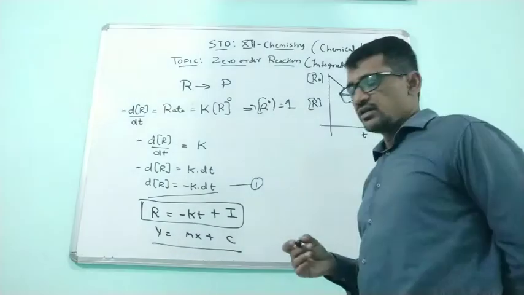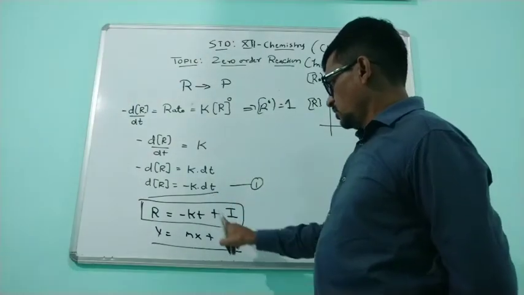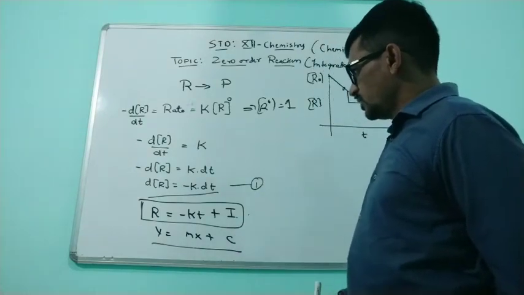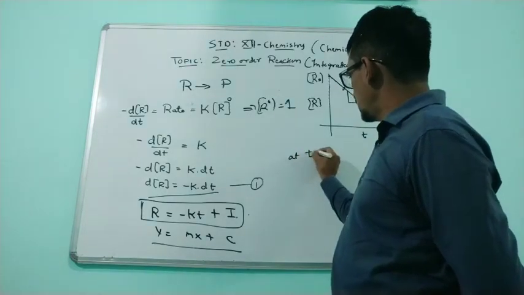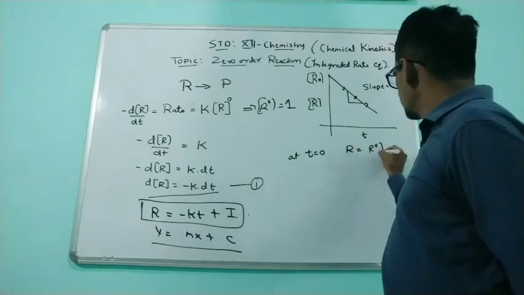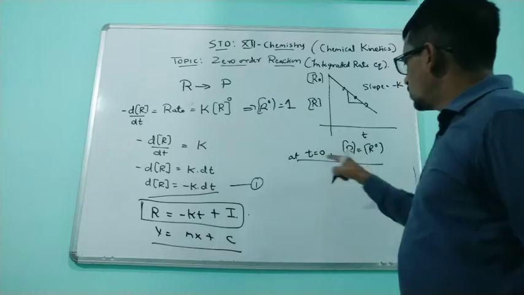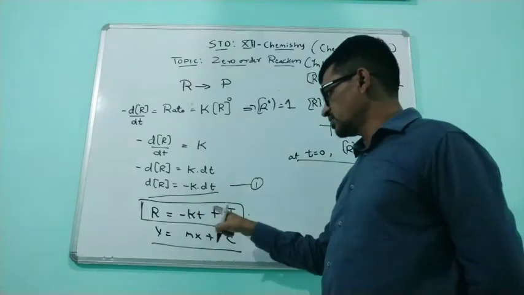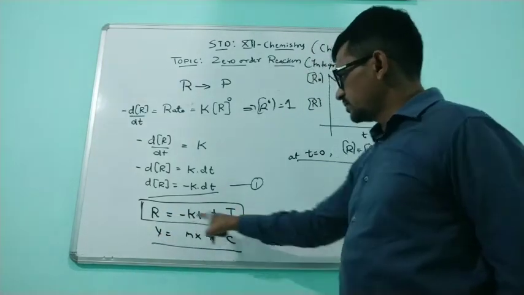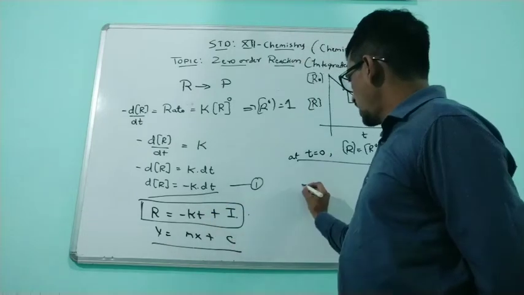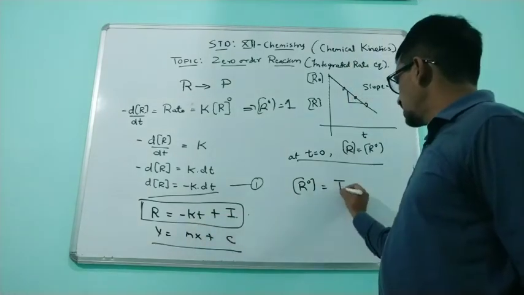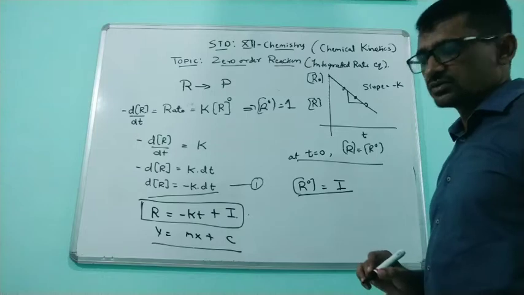Again we revise this equation. On integration, we find the value of I. At time t is equal to 0, initially, [R] is equal to [R]0. Put it in this equation. For t is equal to 0, the whole kt value will be 0 and [R] is equal to [R]0, so I is equal to [R]0.